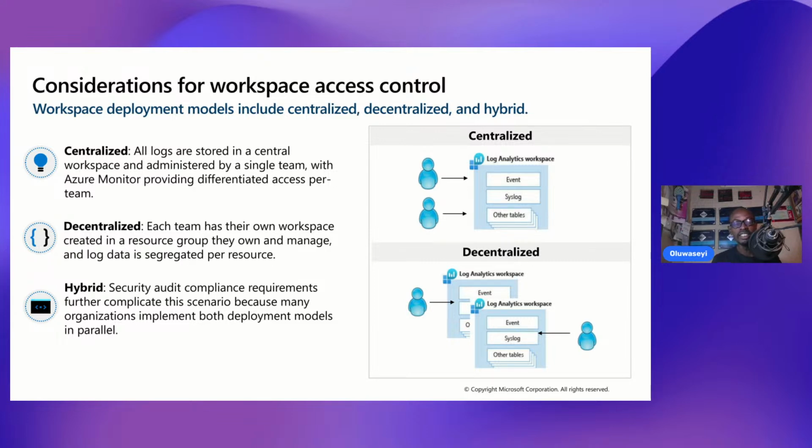The second one is decentralized. This is because you have probably streamlined your environment to certain teams, certain applications or project segments. So each of the spectrum has its own group, and each of these groups has its own resource group, and each of them is managed by a different team, and each of them manages their own log, and they can easily generate their resources and ensure they can get analysis.